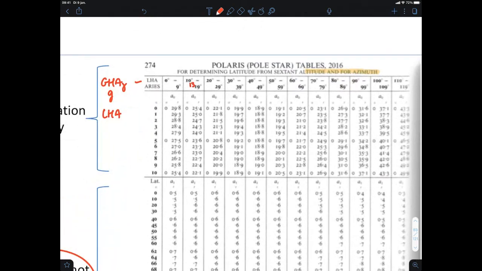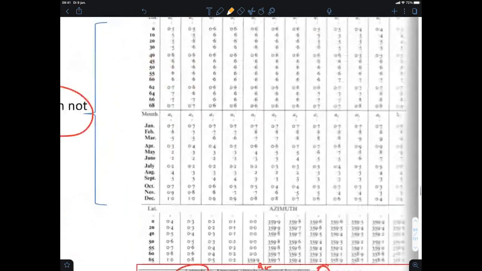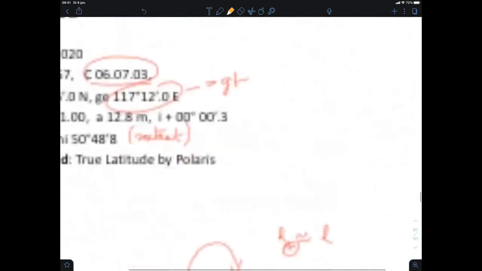So this gives us 13 here. We go to the 3, and there we find a value of 24.3 and 24. So this gives us 24.